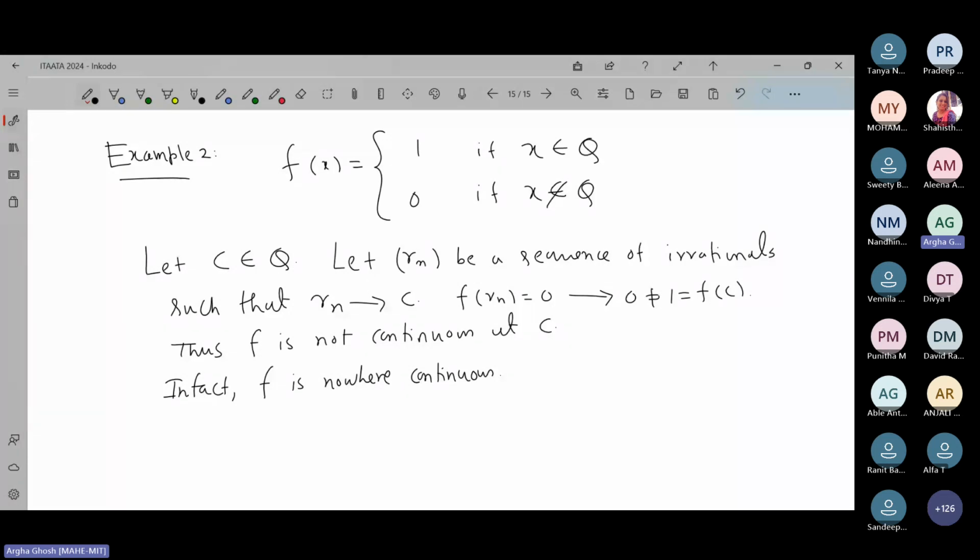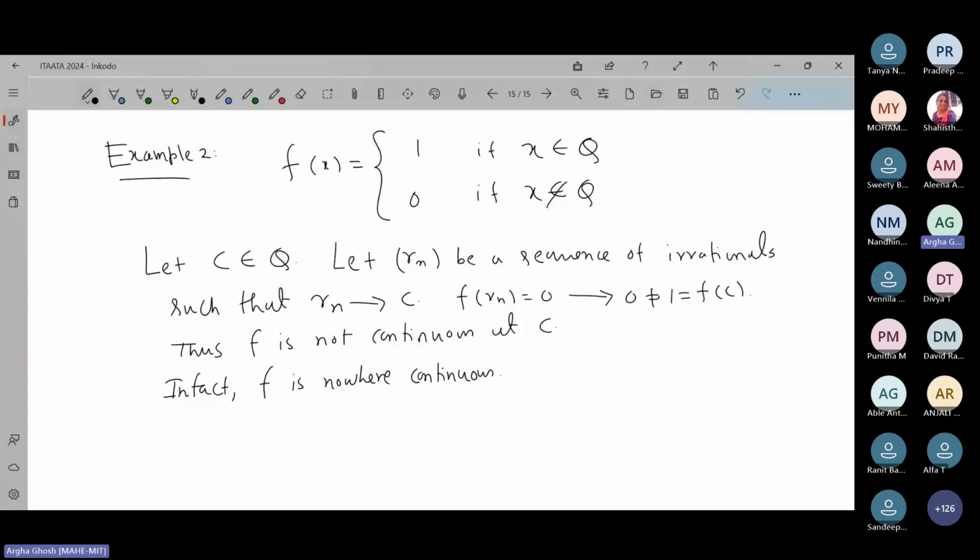If f is continuous at c and g is continuous at c, then the sum of two continuous functions is continuous, the product is continuous, and f by g, where well defined, is also continuous at that point. And if you multiply a function by a constant, it is also continuous. In most books, you will find they use the epsilon delta definition, but you can use this fact as well.